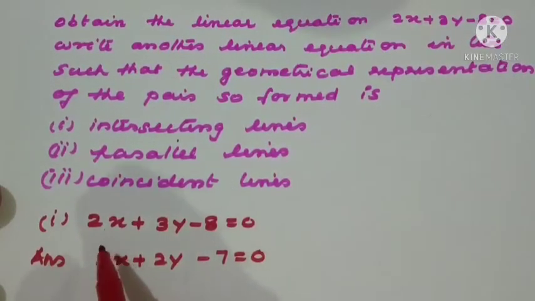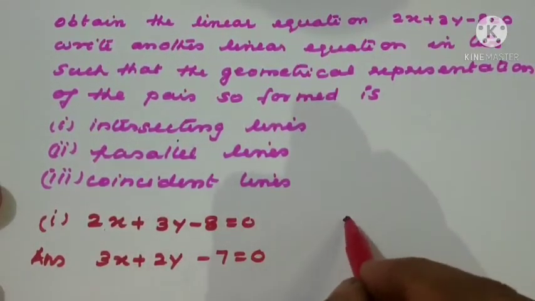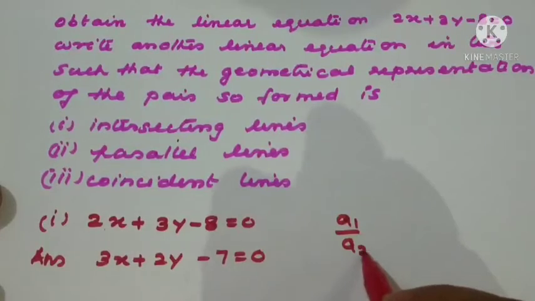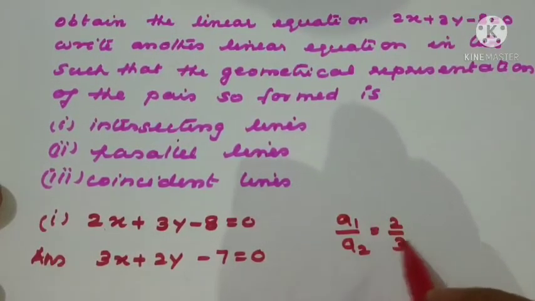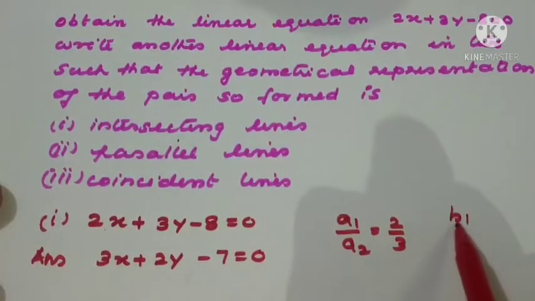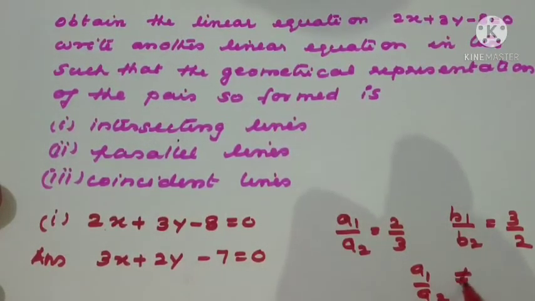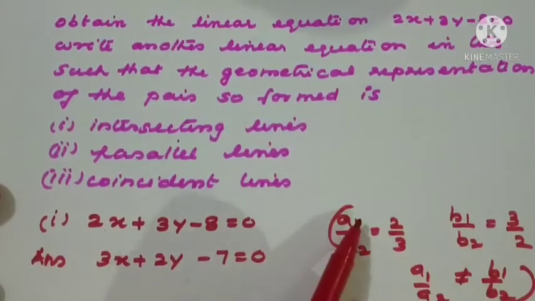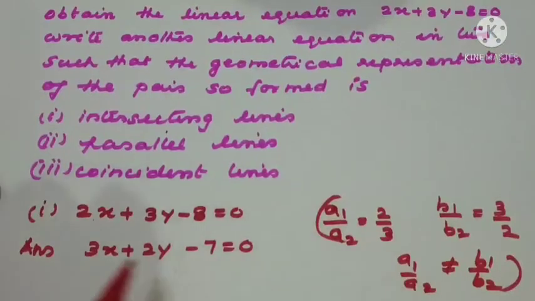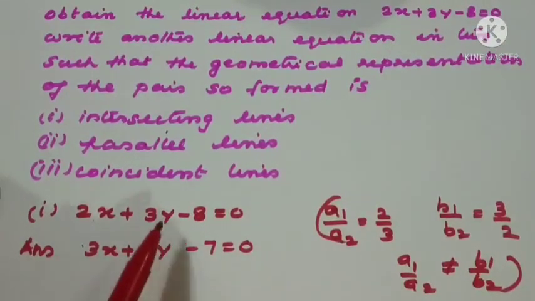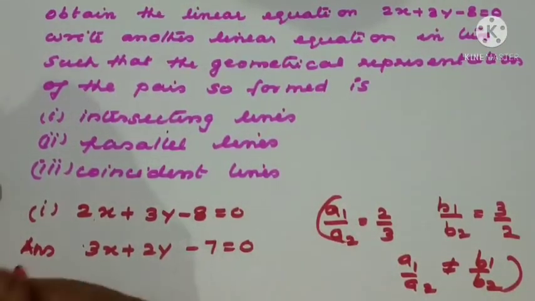Here a1 by a2, if you take, is 2 by 3 only, right? Next, b1 by b2 is equal to 3 by 2. So we know that a1 by a2 is not equal to b1 by b2. This calculation is for your explanation only. Now you can just write the direct answer because we know the conditions, right?